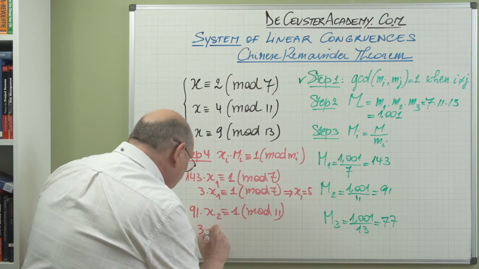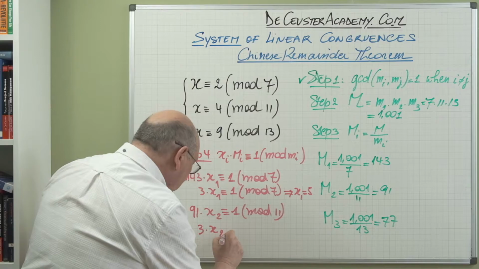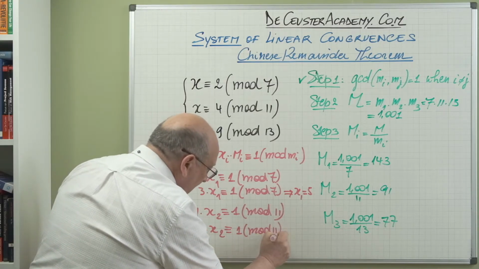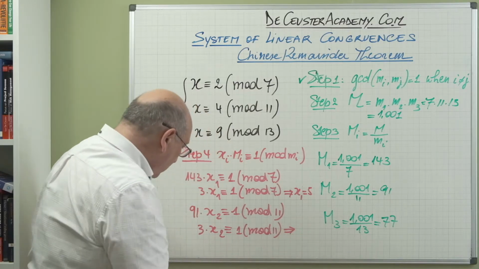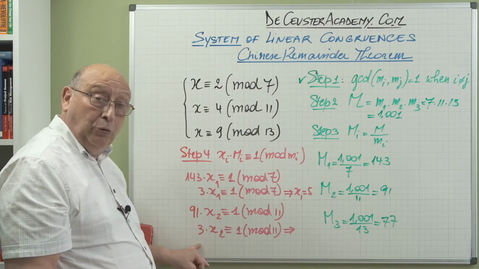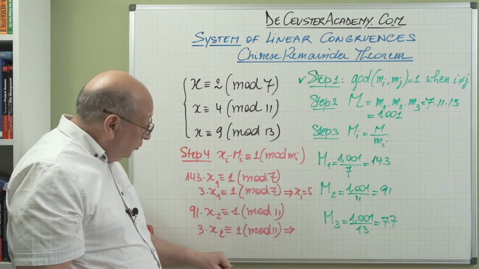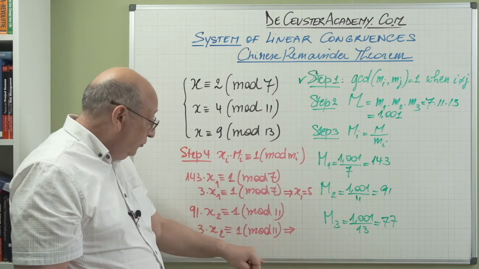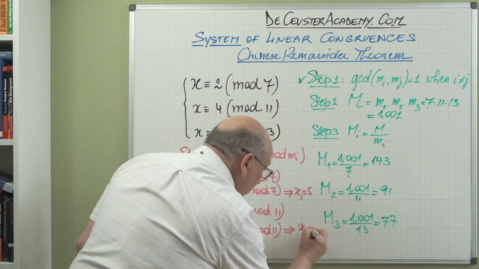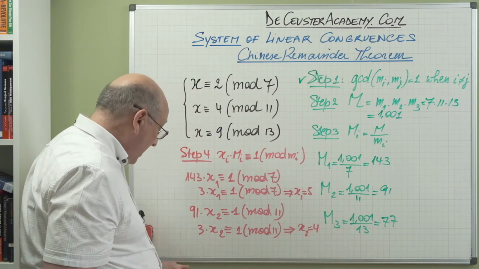So we find here 3x2 is congruent with 1 modulus 11. And we see when we multiply both sides with 4, we have 12, and 12 is equal to 11 plus 1, so the modulus is 1, and we can say that x2 is equal to 4.